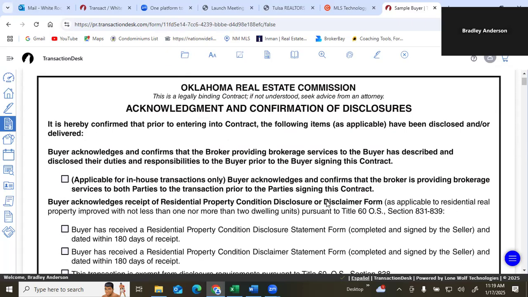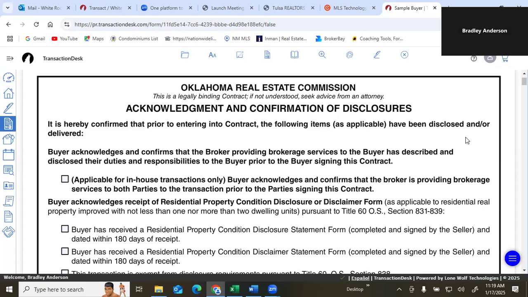So it pretty much says that it is hereby confirmed that prior to entering into the contract, the following items, where applicable, have been disclosed and or delivered. Buyer acknowledges and confirms that broker providing brokerage services to the buyer has described and disclosed their duties and responsibilities to the buyer prior to the buyer signing the contract.